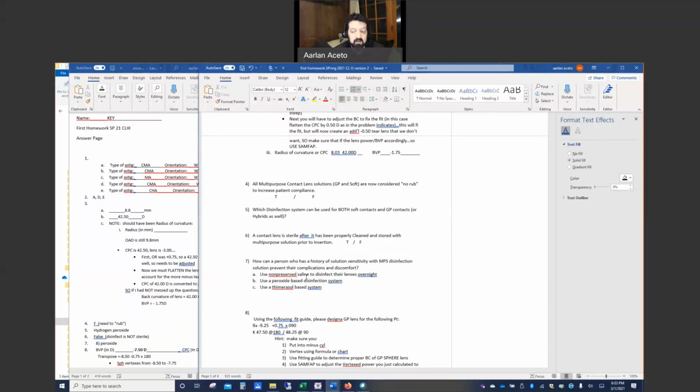It has no preservatives. People who have sensitivities will be less sensitive to them, but it won't disinfect your lenses. Just putting them in regular saline does not disinfect. It doesn't reduce the bacterial load like heat will, like peroxide will, like preservatives will, or like a UV cleaner may. So A is absolutely not a good one.